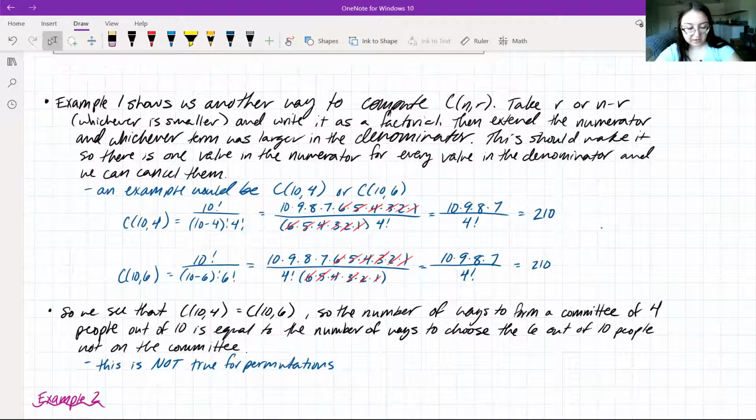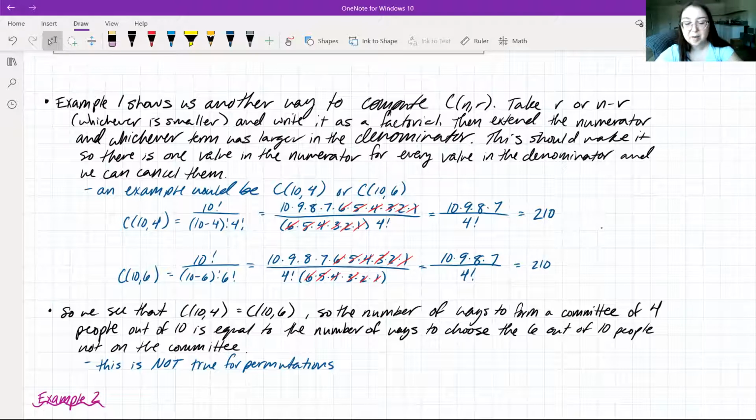An example here would be C of 10, 4, or C of 10, 6. So when we do C 10, 4, just like before, we have 10 factorial divided by 10 minus 4 factorial times 4 factorial. That's going to give us 10 factorial divided by 6 factorial times 4 factorial.